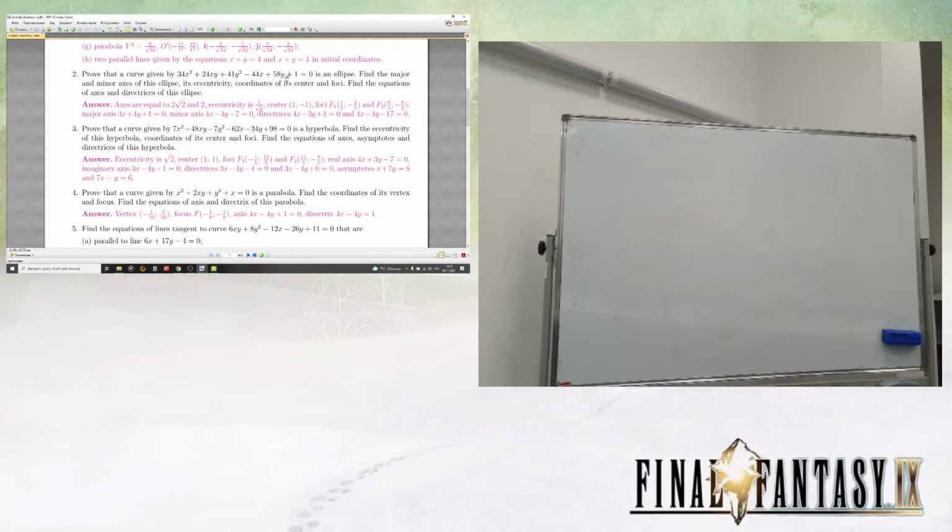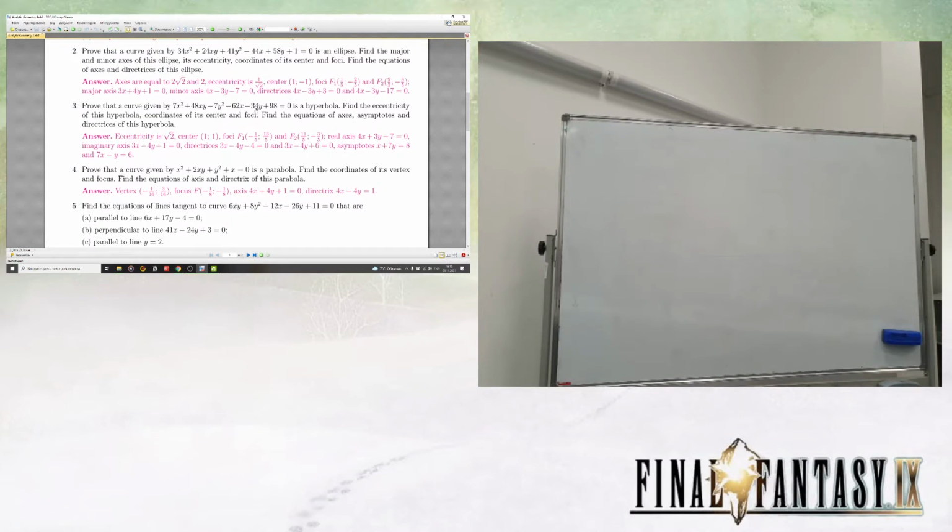Because when you have plus in the center, it's an ellipse. Minus is a hyperbola. If you don't have one of x square or y square, in this case you have a parabola. So it's already proved. In this case, the word proof is not very convenient. It's not a proof, it's more that you can show it either using the discriminant or using this one. Okay, we need to find axes, asymptotes, directrices, foci, center, and so on. We need to find everything else.